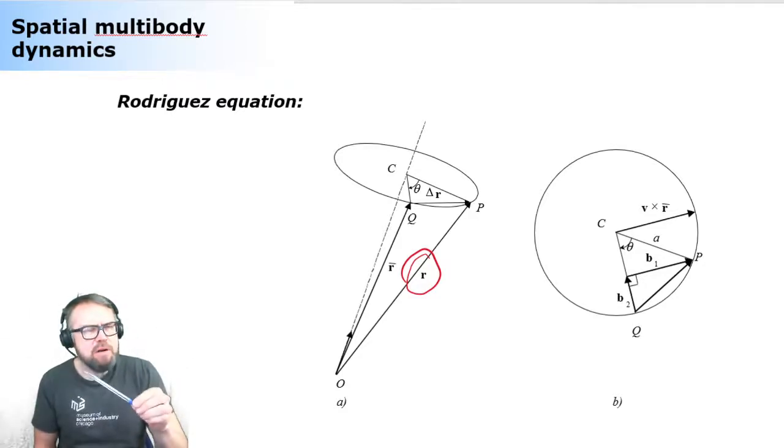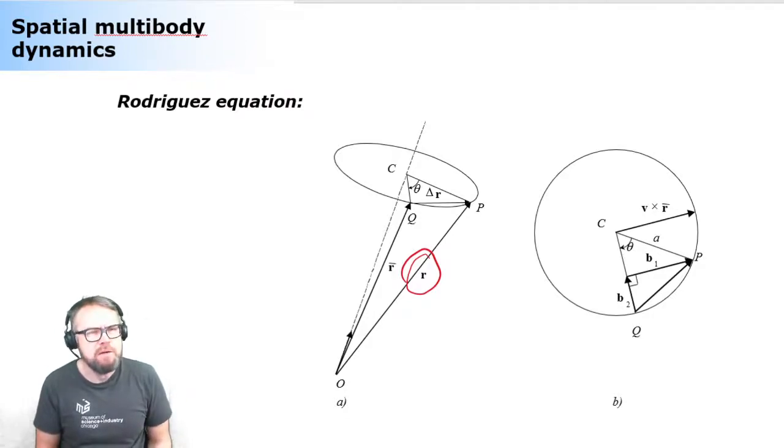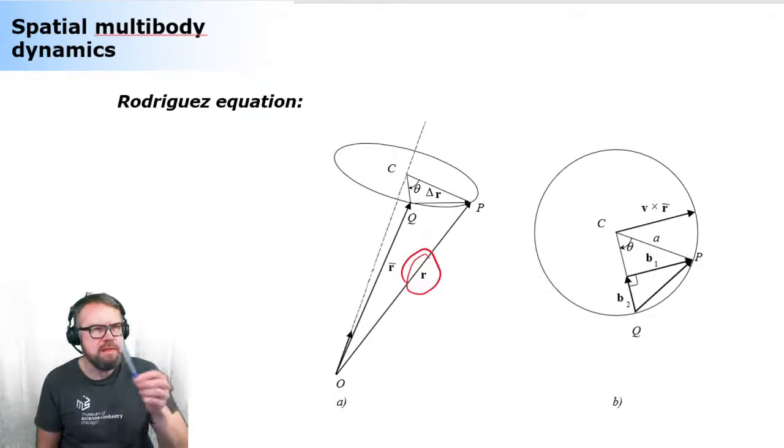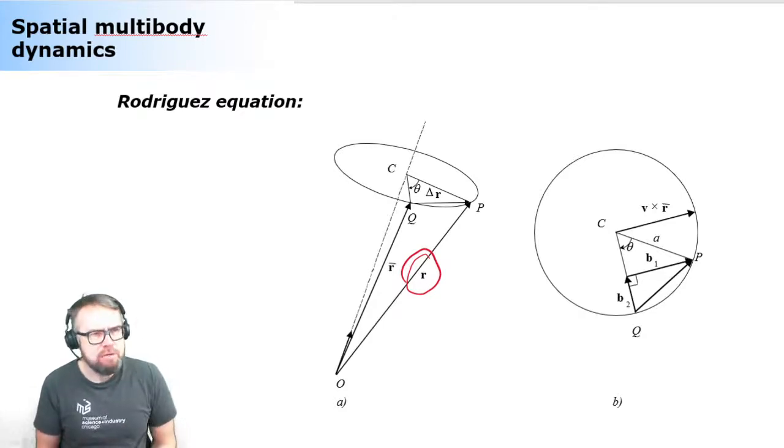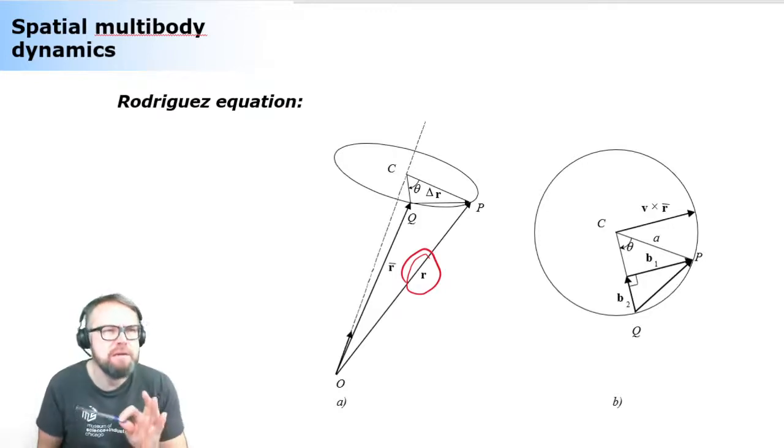And I'm going to build the relation between the final and original configuration of this vector. What will follow as a consequence of describing this relation is a 3x3 rotation matrix. And this is going to be mathematical, a little bit involving.